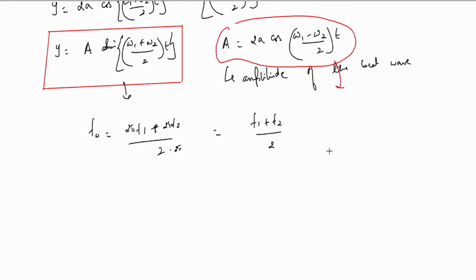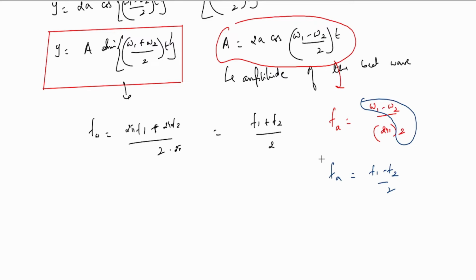The frequency here is given by f of amplitude, which will be (omega 1 minus omega 2) by 2 pi, writing this term as it is, and to make it dimensionally correct we should bring 2 pi here so that it becomes a frequency. Therefore the frequency of amplitude is equal to f1 minus f2.